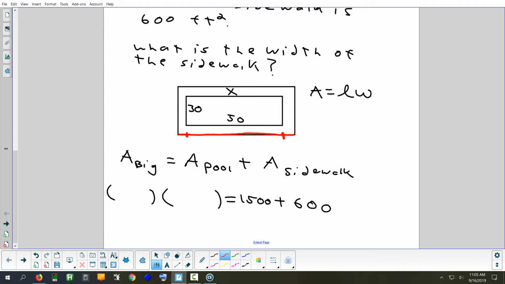How much is this little part right here? Well, that inside portion is 50 feet. Yep, so this part inside is 50. But then how about the two parts on the outside? We don't know yet. We don't have a number for it. But do we have a way to represent it?